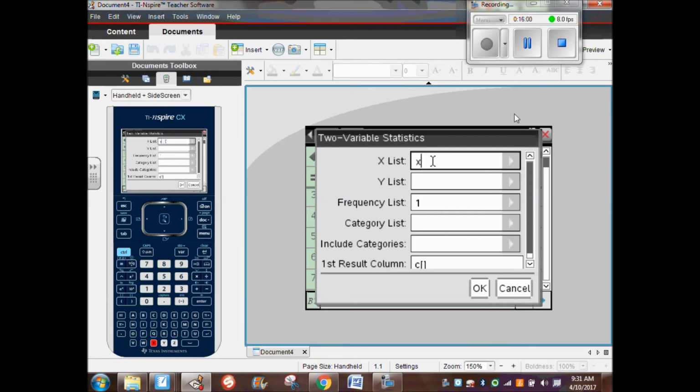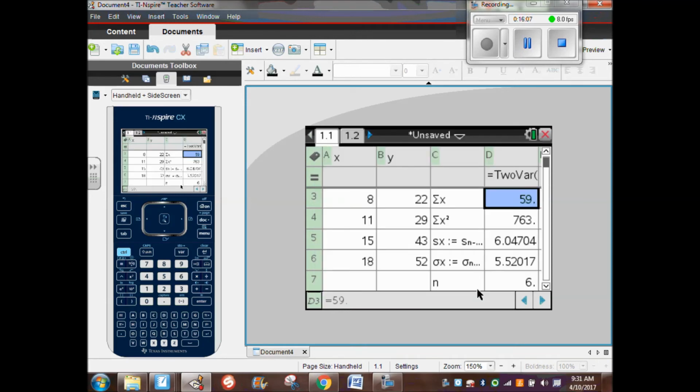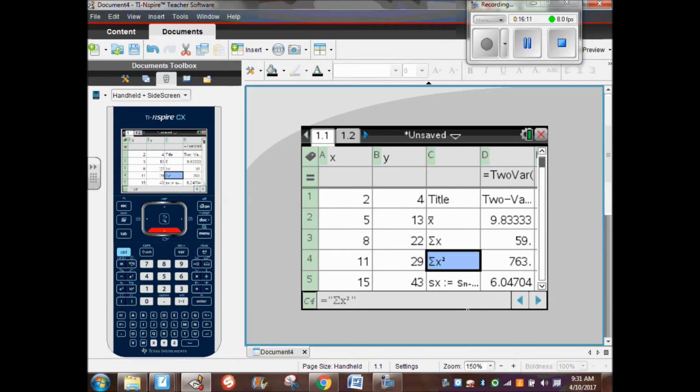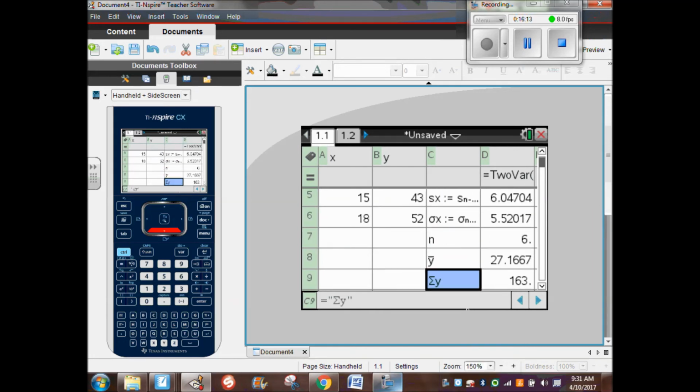We called our first list X, we called our second list Y, and we click OK. So now we got all this good information. So scroll down your title column till you find R. You got to go down to the bottom there till you find R. When you look next to that, what number do we get? 0.99898. That's pretty darn close to what?